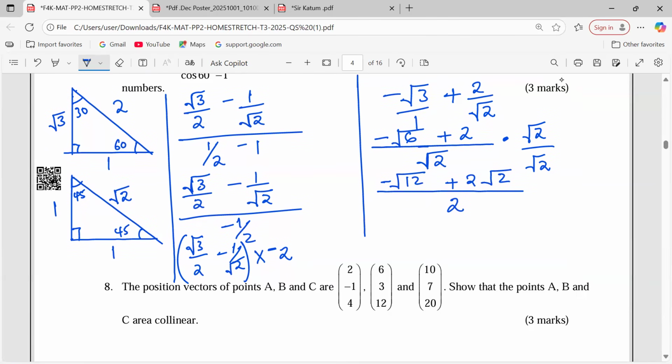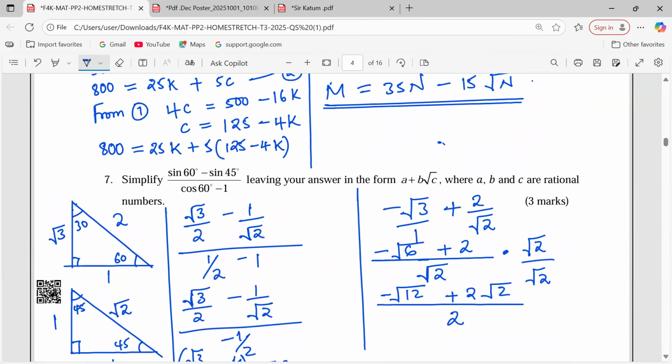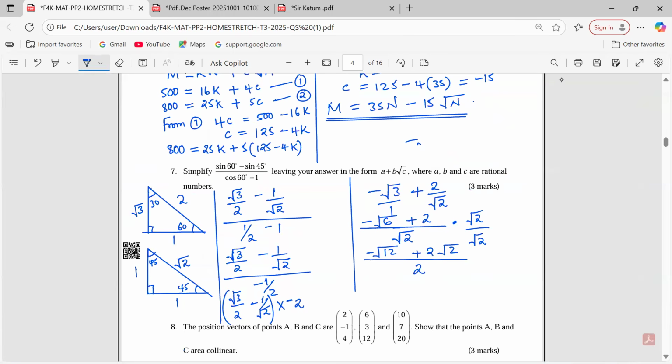So let me simplify the first term. The root of 12 is not in its simplest form because inside 12, there is 4 and 3, and the square root of 4 is known as 2.